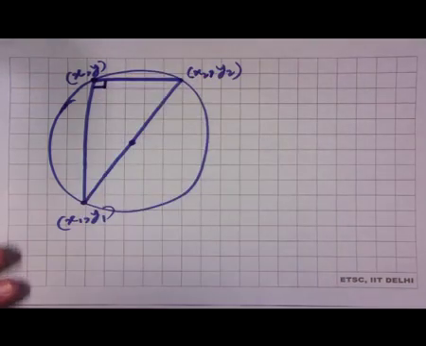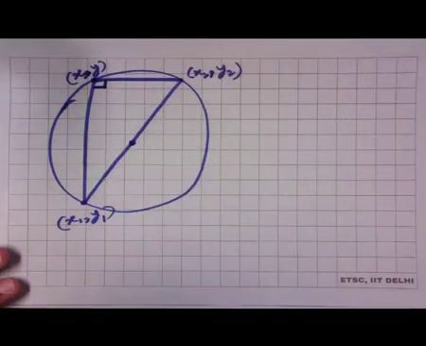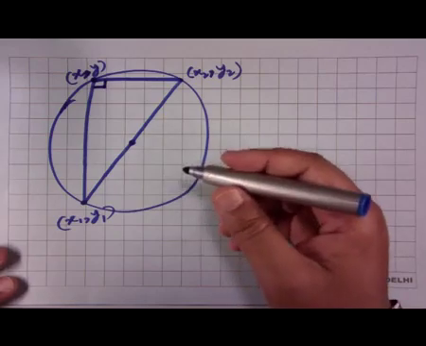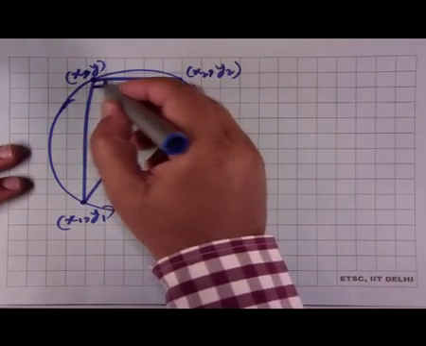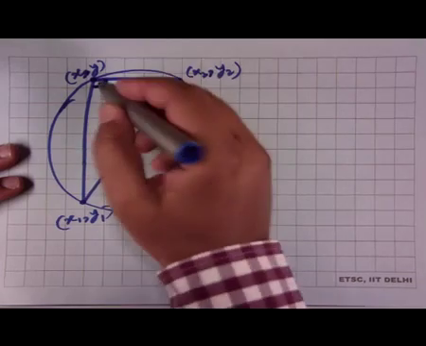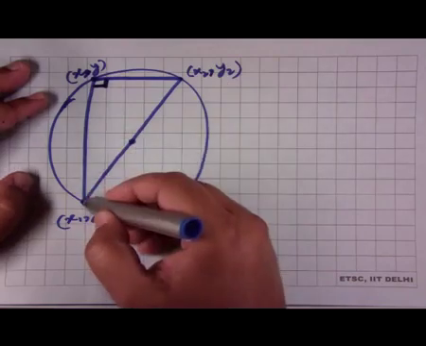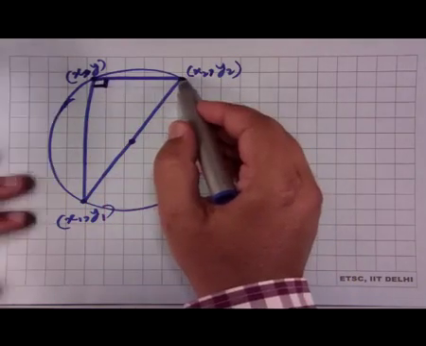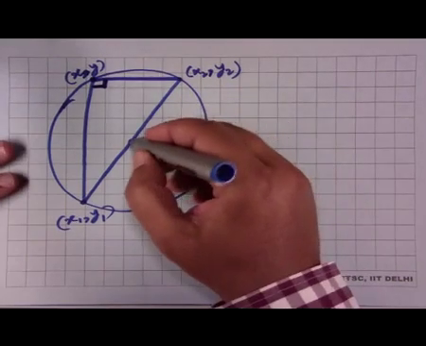So, we will use this property to derive the equation of the circle. Since the angle here is 90 degrees, the product of the slope of this chord times the slope of this chord should be -1.